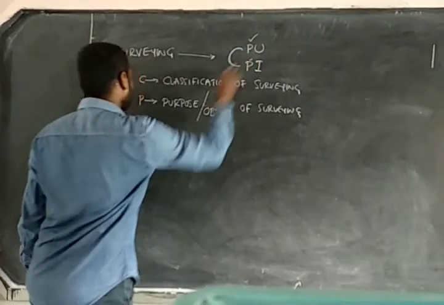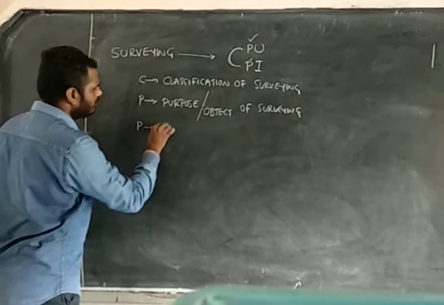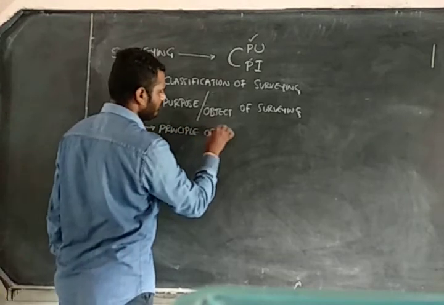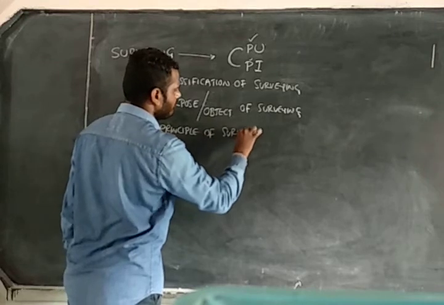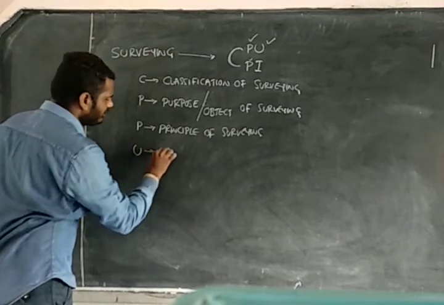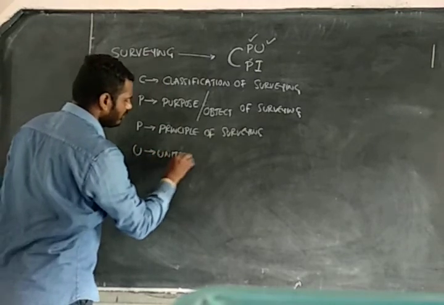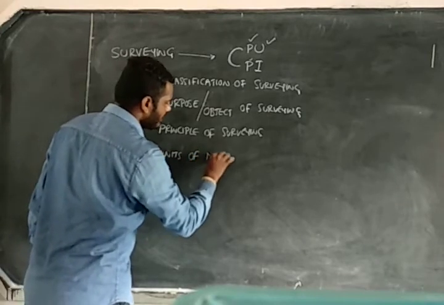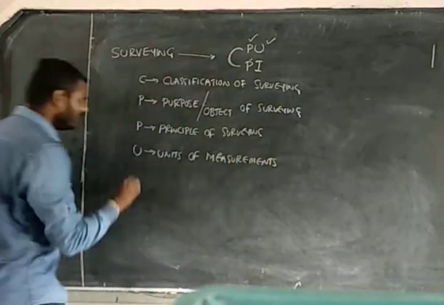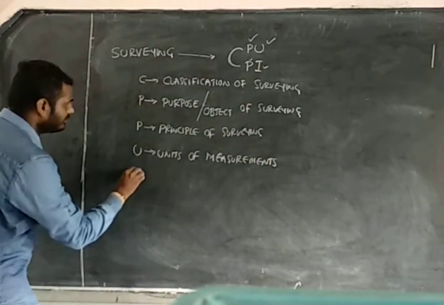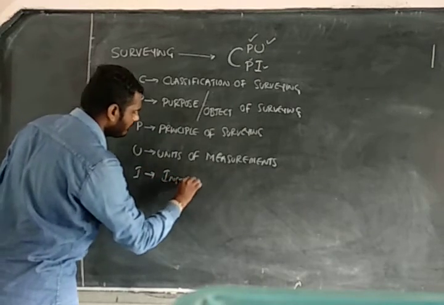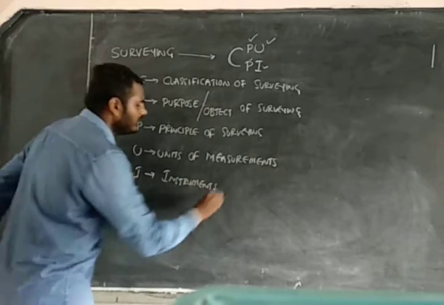And whereas the second P stands for principle of surveying. And this U stands for units of measurements. And whereas this I stands for instruments used in surveying.